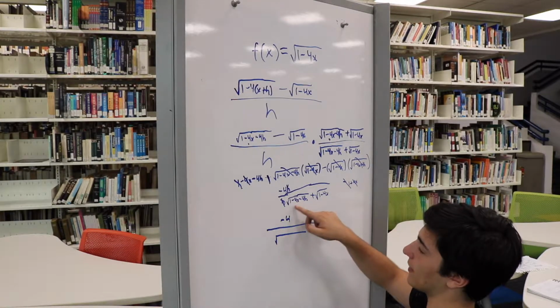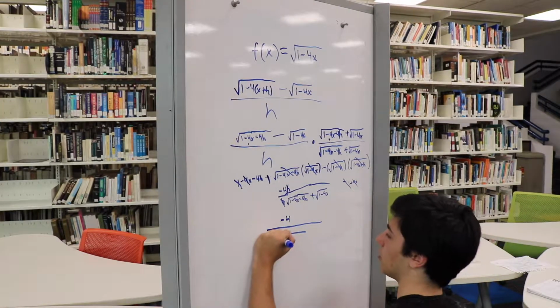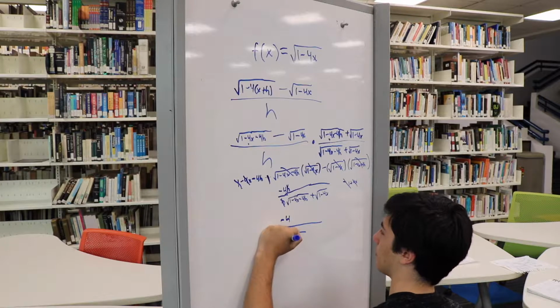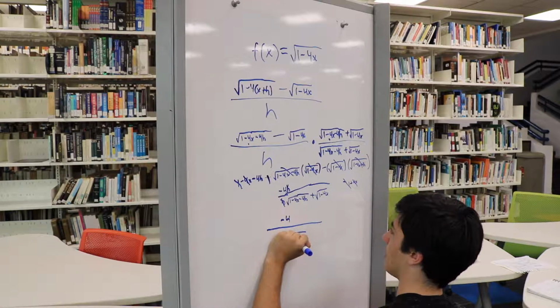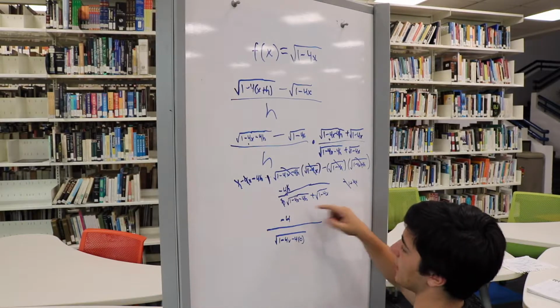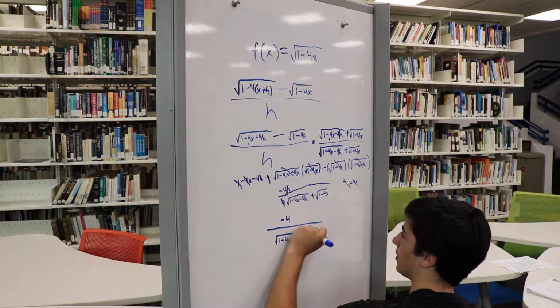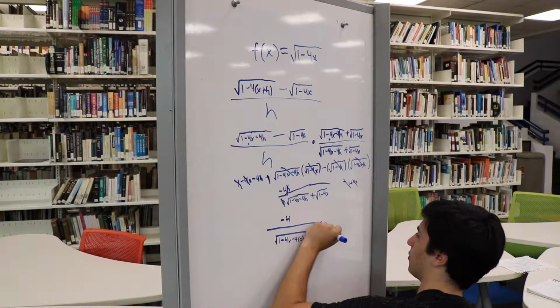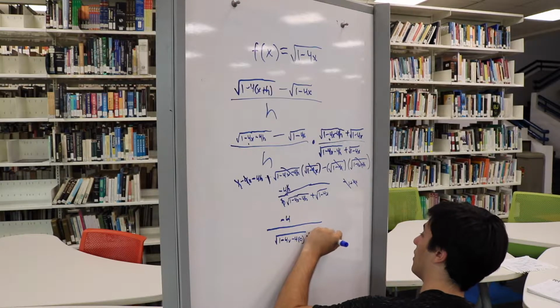And after that, we have to put the h equal to 0. So 1 minus 4x minus 4 times 0, because this is the h, plus the square root of 1 minus 4x.